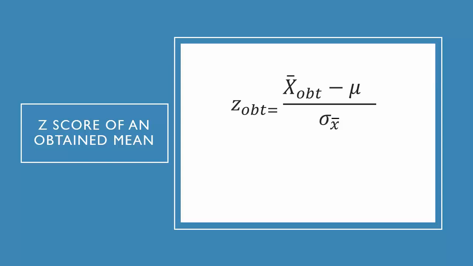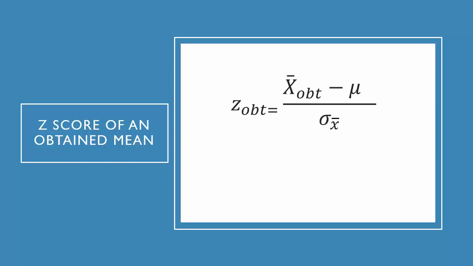And that means then we need to get the mean of the sample minus the mean of the population, which is what we've been talking about before, divided by the standard deviation of the means. That is the population standard deviation of all possible means.